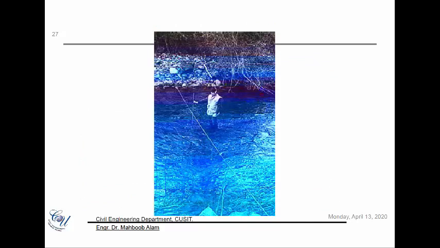So you see here the guy is standing here and he's calculating the velocity. You have to make sure that you yourself are standing in the downstream direction, and your current meter is in front of you facing the incoming water, so that there is no obstruction to the velocity when you are measuring or taking the data.